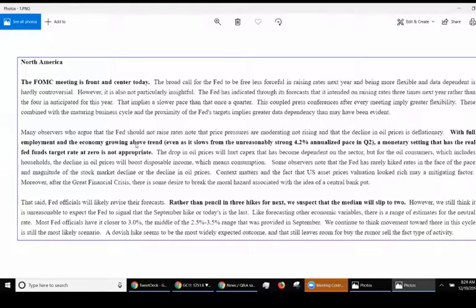With full employment and the economy growing above trend, folks, even as it slows from the unreasonably strong 4.2% annualized pace in Q2, a monetary setting that has the real Fed funds target rate at 0 is not appropriate.